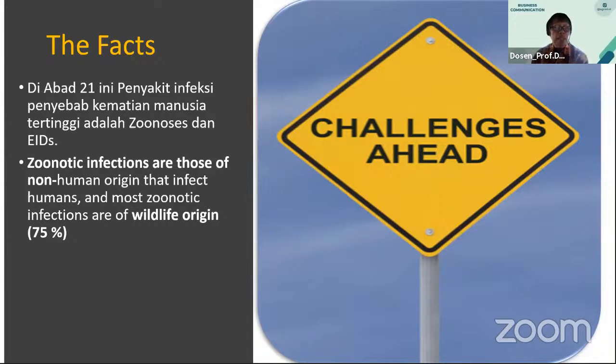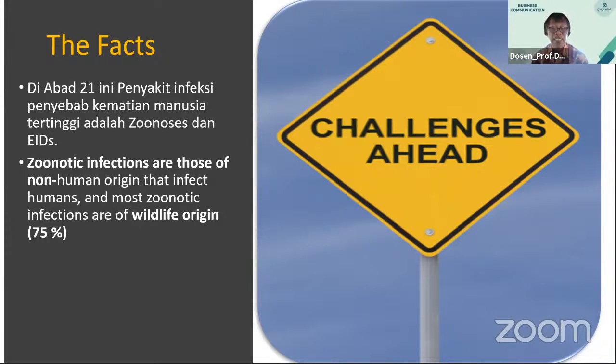Zoonotic infections are those of non-human origin. In fact, most zoonotic infections come from wildlife. Around 75% of human zoonotic diseases come from wildlife origin. Or in total, around 62% of human diseases are of animal origin.